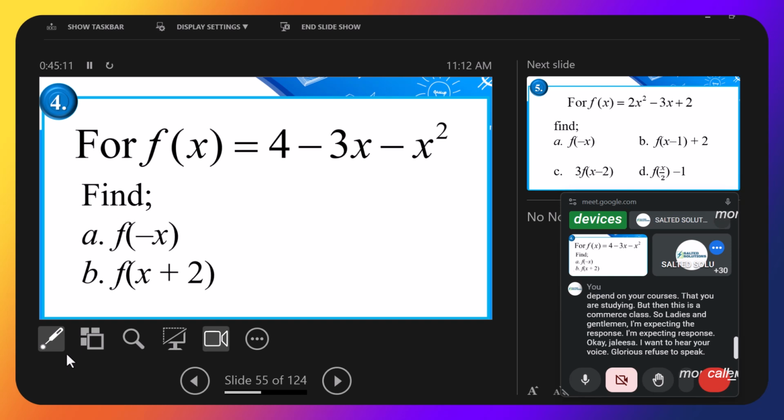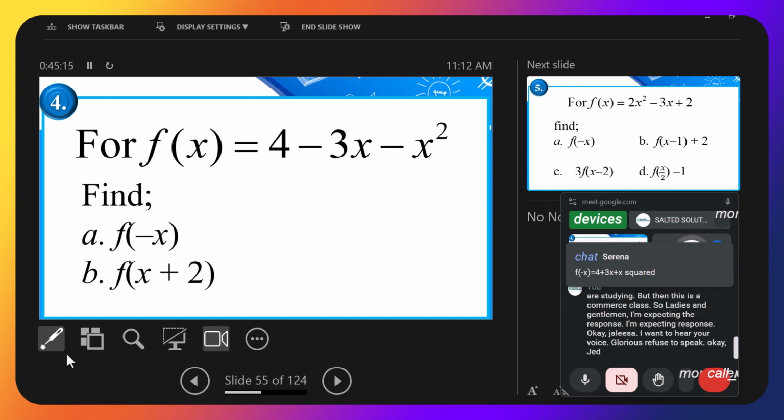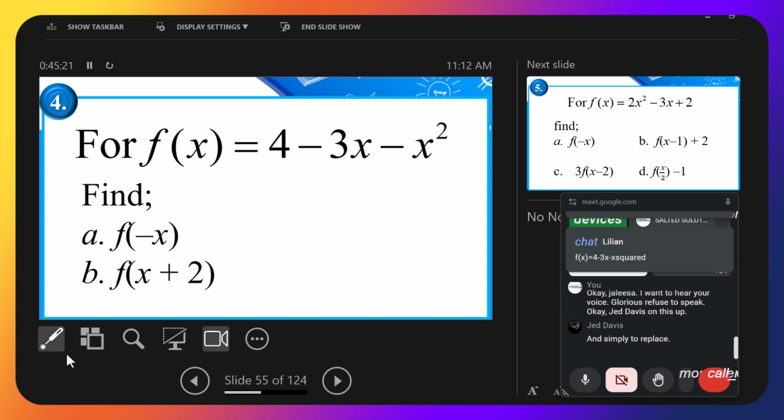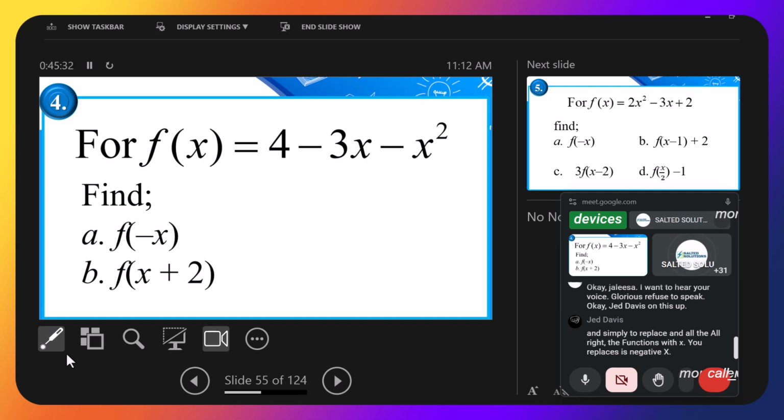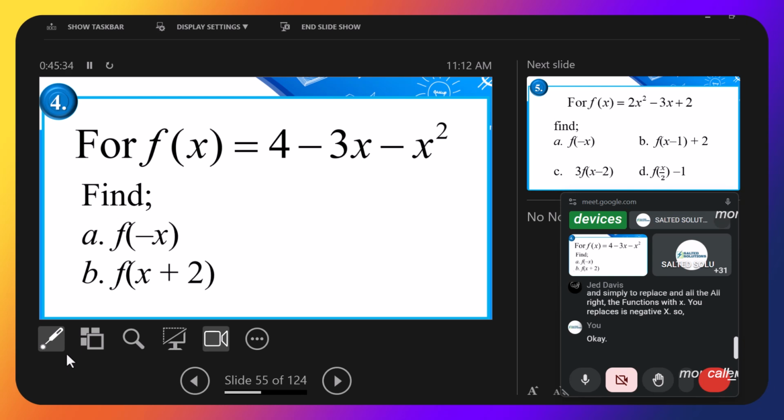Okay, Jade Davis, hand is up. Please replace all the x with negative x. So f of negative x is 4 minus 3 times negative x minus negative x squared.